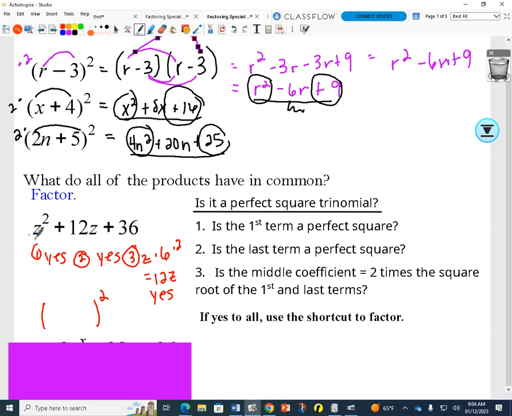The square root of the last term, you writing this down, Winston? And put it in the last spot. The operation in our binomial factors is always the operation on the middle term. So z plus 6 squared is equal to z squared plus 12z plus 36.